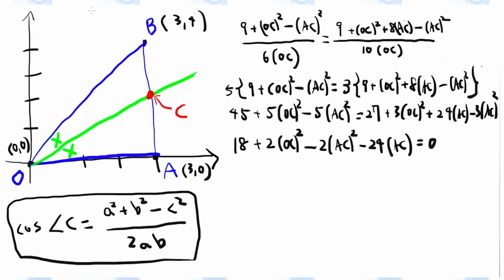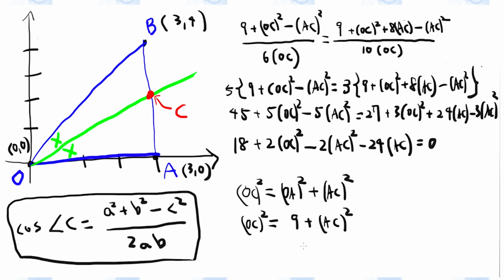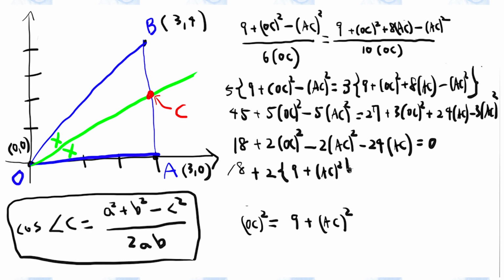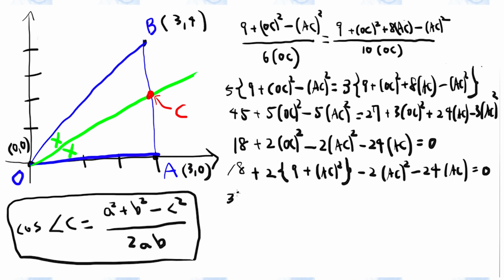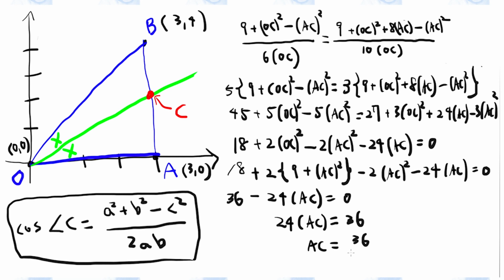Now, we can also express OC in terms of AC using the Pythagorean theorem. So OC squared is 9 plus AC squared. The length of AC is 3/2.